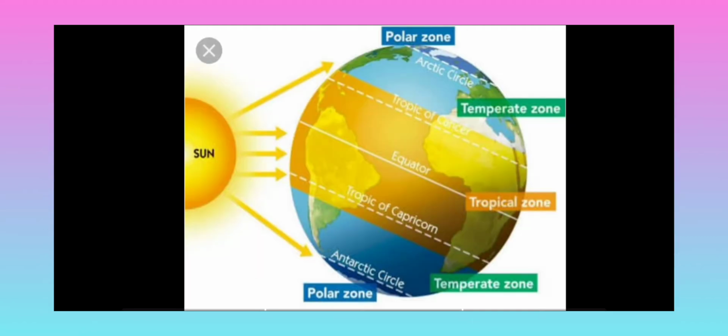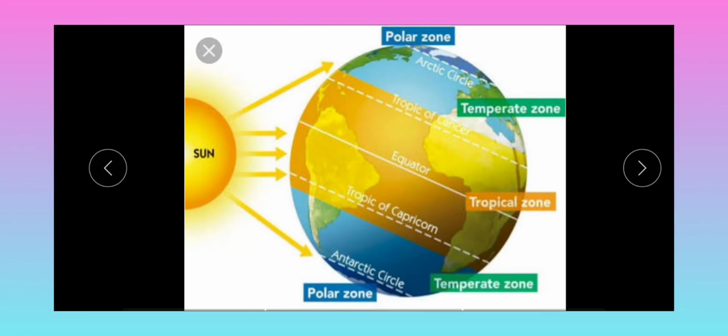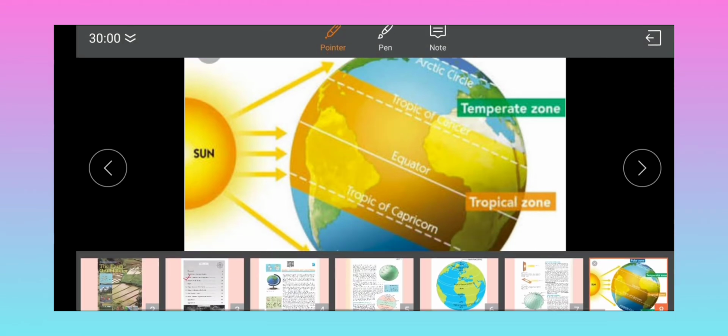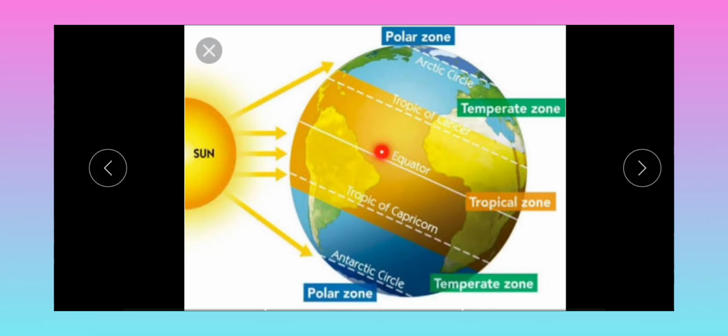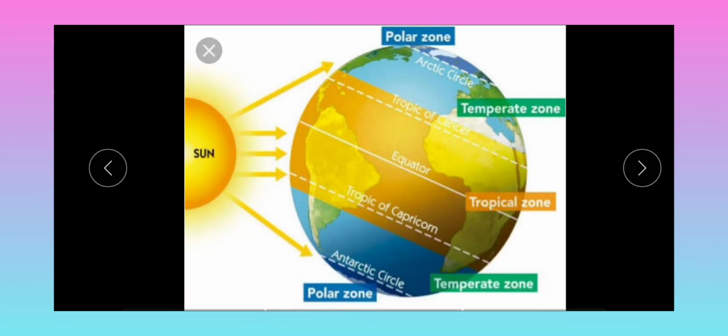Here in this picture you can see clearly the sun rays. The equator is getting the direct sunlight, and the Arctic Circle is getting the slant sunlight, and in the polar zone, the North Pole and the South Pole, sunlight cannot reach that easily. That's why these zones are the coldest zones, okay.